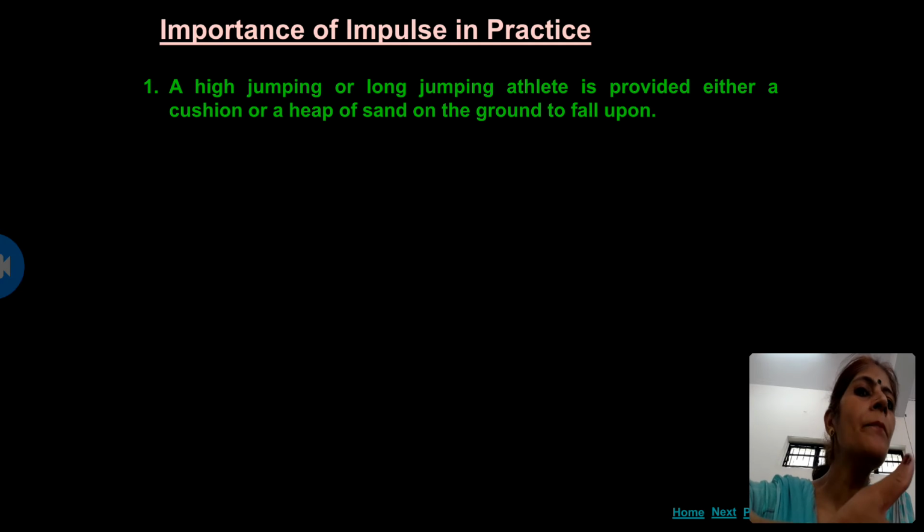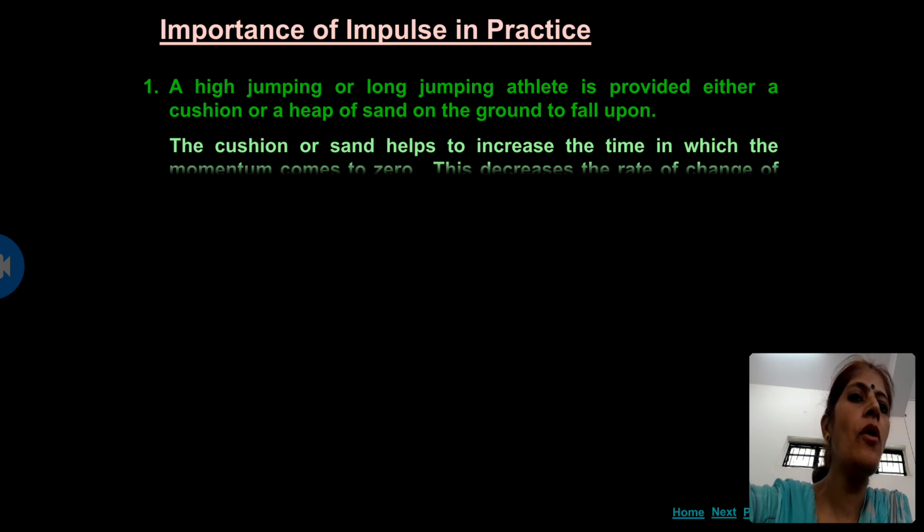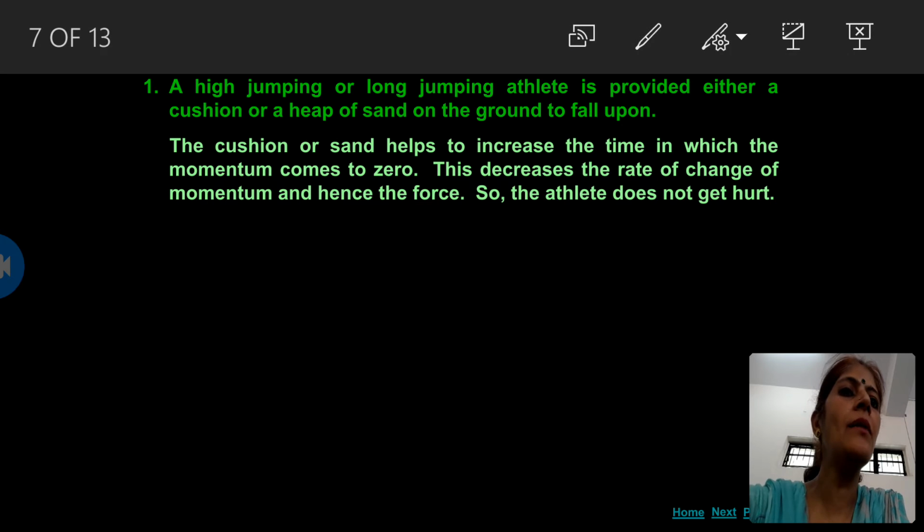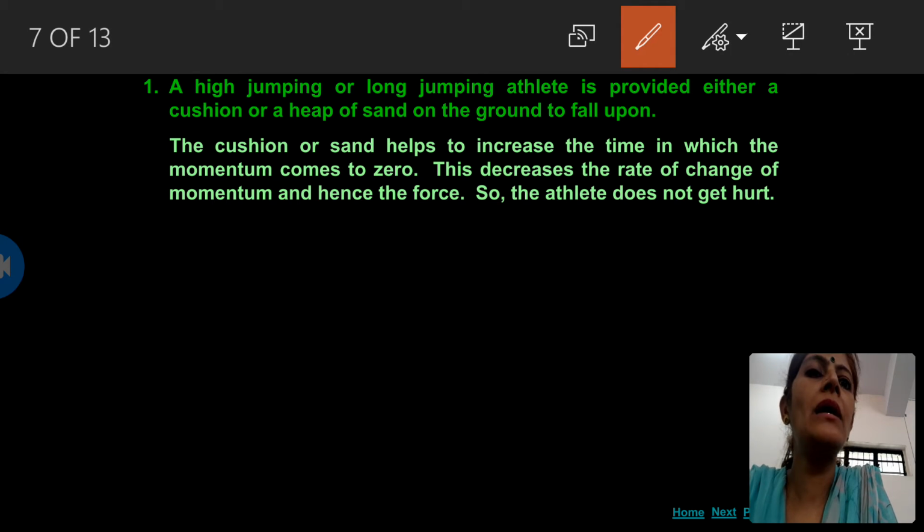Now what is the role of this cushion or heap of sand? The cushion or sand helps to increase the time in which the momentum comes to zero. This decreases the rate of change of momentum and hence the force. So the athlete does not get hurt. This can be explained mathematically also using Newton's second law of motion.